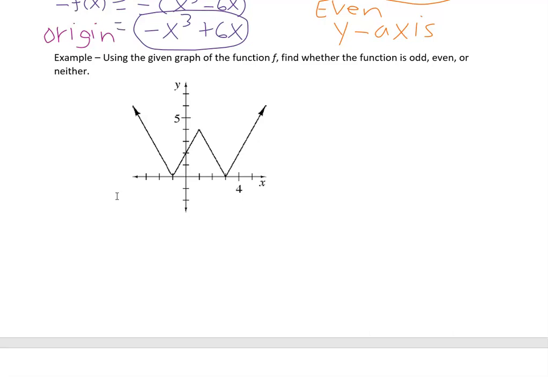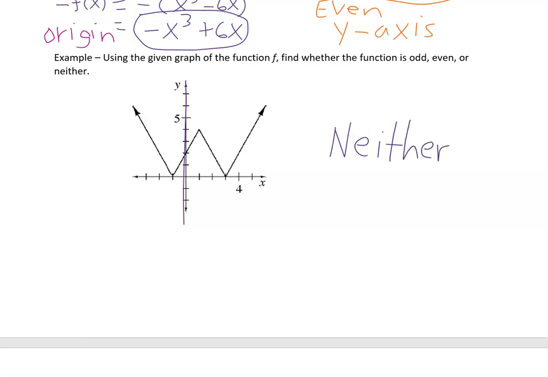So we can look at this one and see that it doesn't have symmetry with respect to y, because if I were to draw a line on the y-axis and fold that in half, the two halves would not match up. And if I were to flip it upside down, it would end up looking more like an M than a W. So that means it's not symmetric with respect to the origin. So that tells me that it is neither odd nor even in this case.